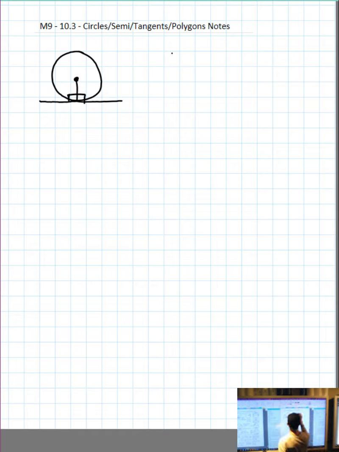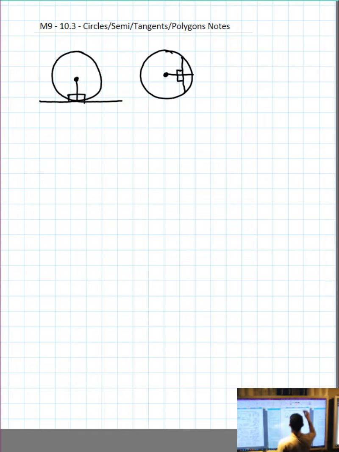So let's go for another circle and draw a center of the circle and a radius, and this time a chord. We also know that the radius is perpendicular to the chord, so we get 90 degrees there and there.